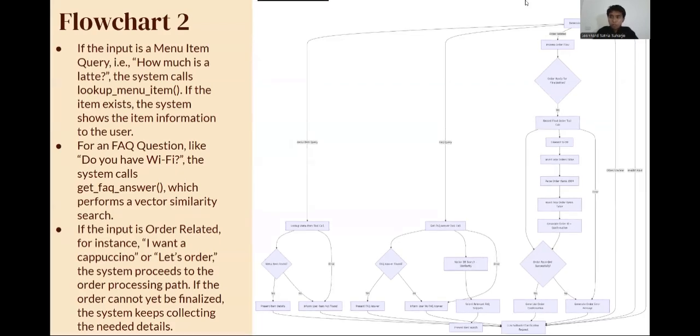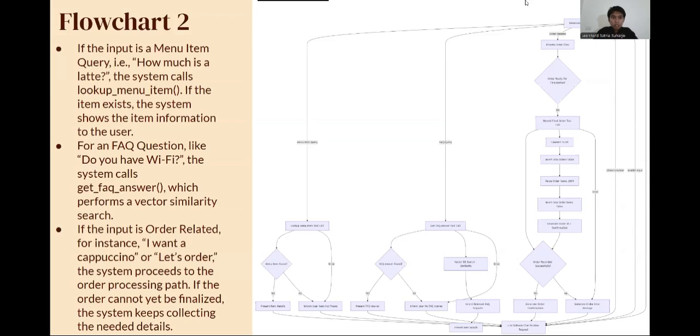It again starts with user input, and it then goes down into determining the input type, which is done by the bot. So in this case, if the input is a menu item query, for example, how much is a latte, how much is the price of a coffee latte, then the system will call a function in the code called lookup menu item.